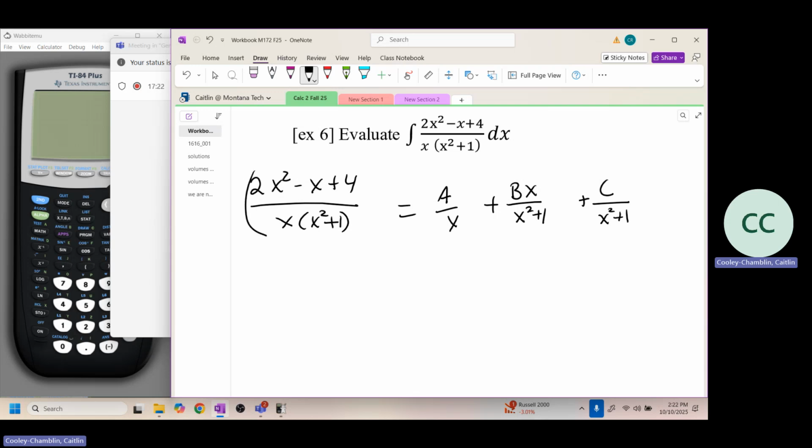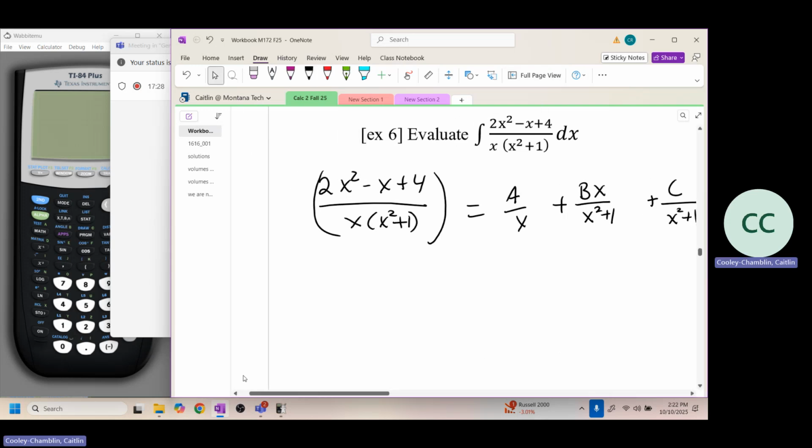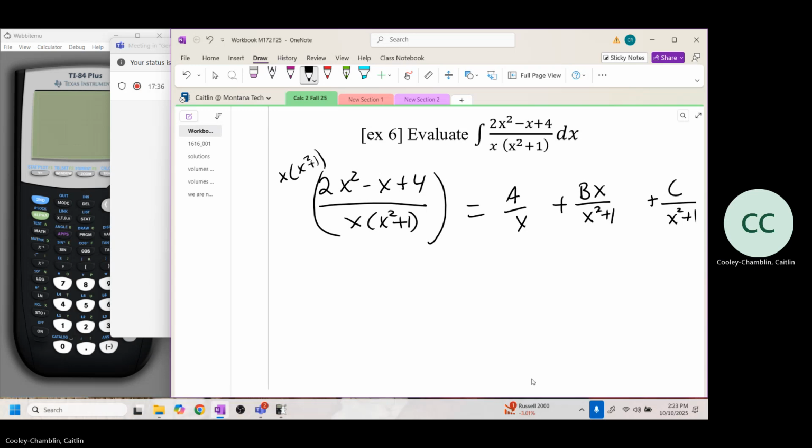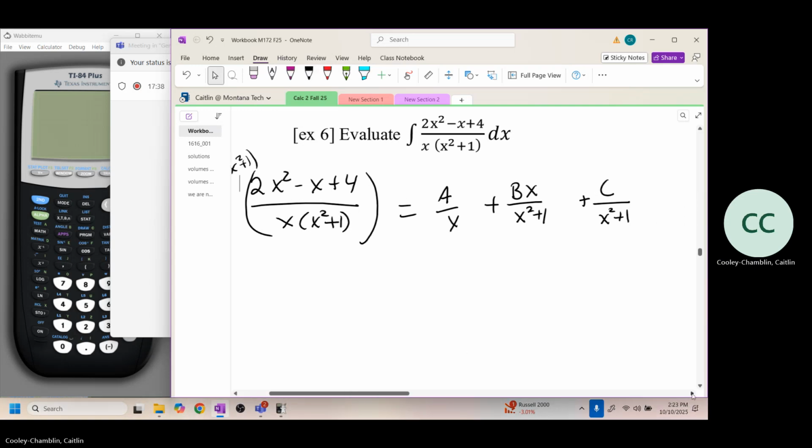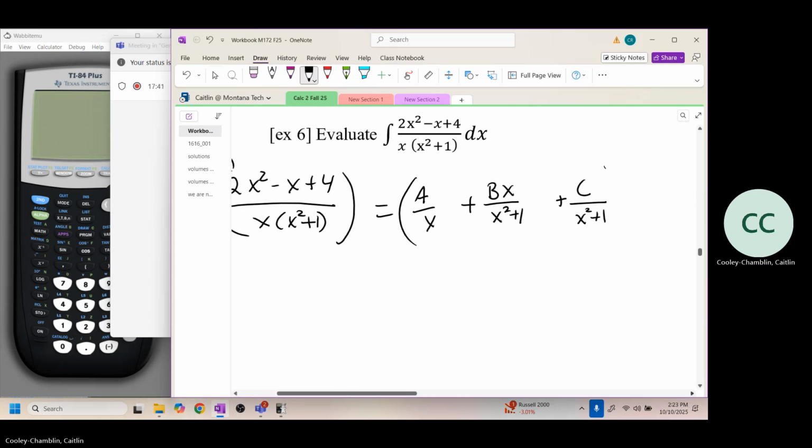So I am going to multiply both sides. Again, did not give myself extra room. One of these days I will. x times (x squared plus 1) on both sides.